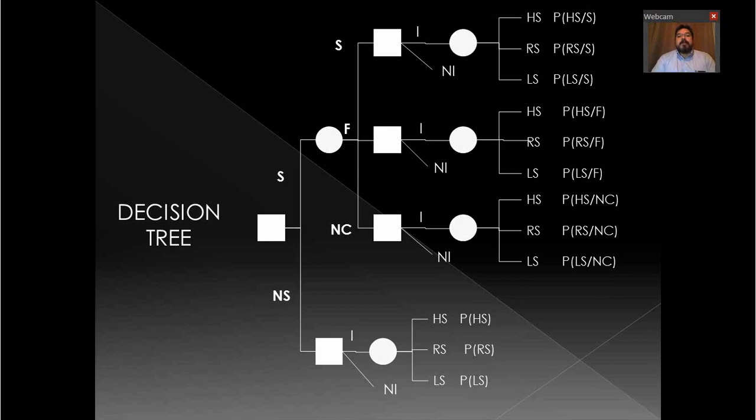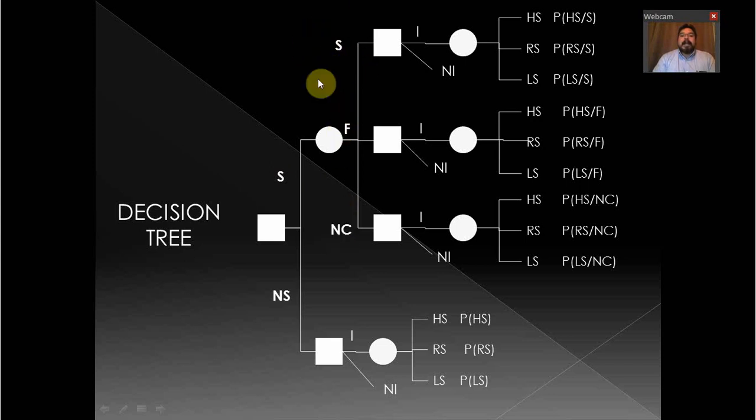With the same information, we can construct this decision tree. We have a set of branches when we have a survey. That's the S part up here. And a set of branches when we don't have a survey. When we apply the survey, it can give us three different probabilistic results.